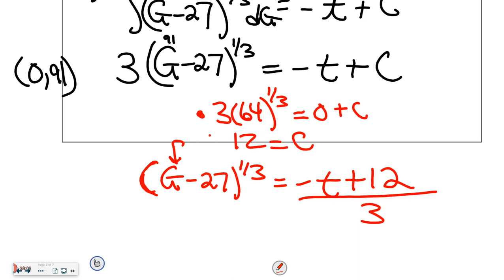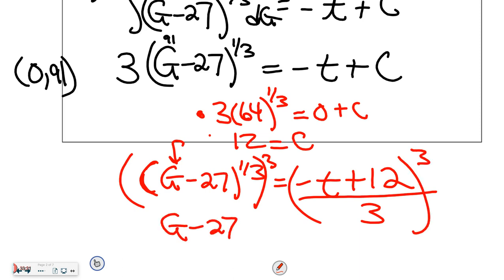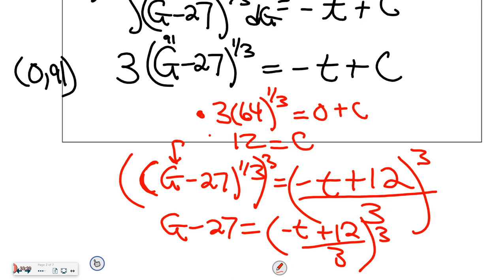It is to the 1/3 or a cubed root, so I need to, go ahead, anyone? Cube it, right? So I'll cube it, and then I get g minus 27. Wow, this one's nasty, right? Negative t plus 12 over 3 quantitatively cubed.